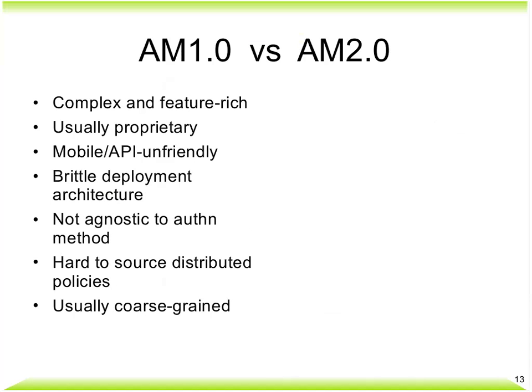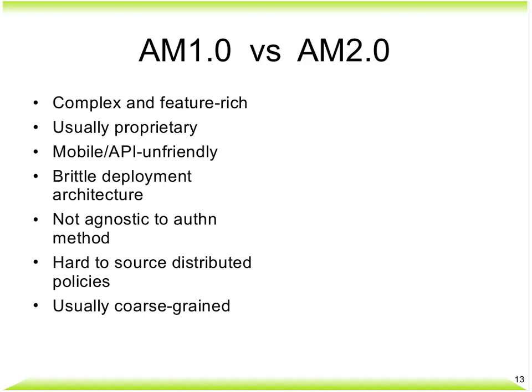Then you're generally in the land of, well, it's pretty tightly coupled to what we're doing, so we're just going to stay proprietary. And because it's been really, truly web access management, there are elements of it that tend to be mobile and API unfriendly, like assuming that you've got a web form for a certain kind of primary authentication, for example. You tend to have a more brittle deployment architecture that assumes that you've deployed an agent in the enterprise or something similar.